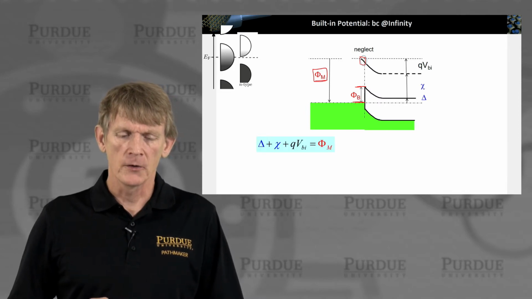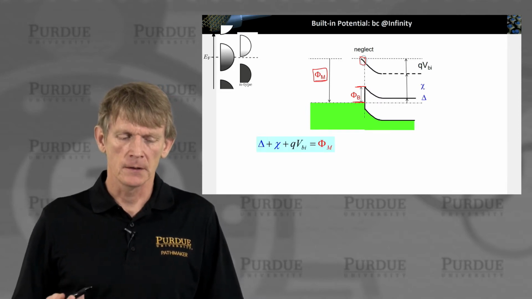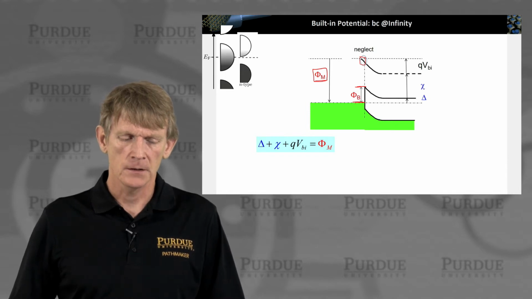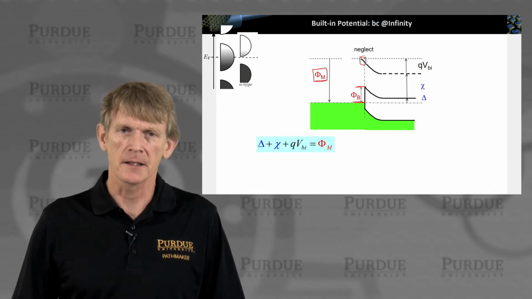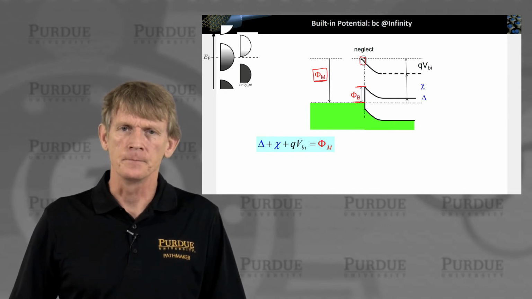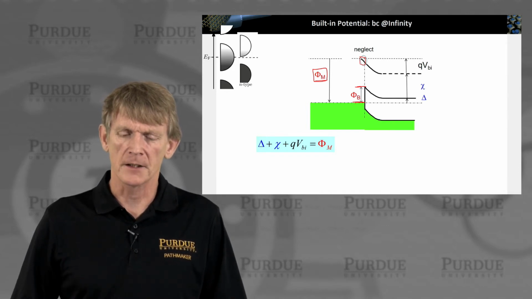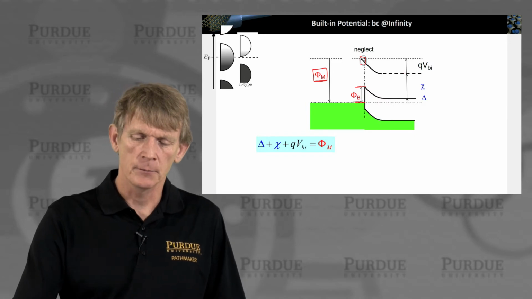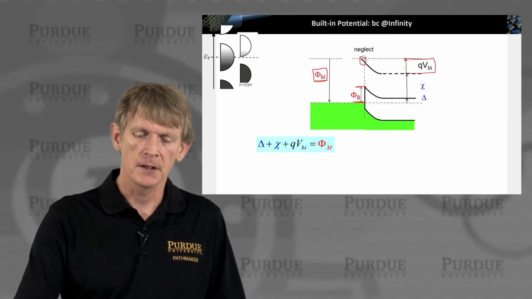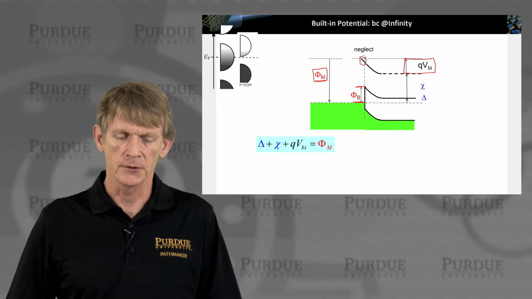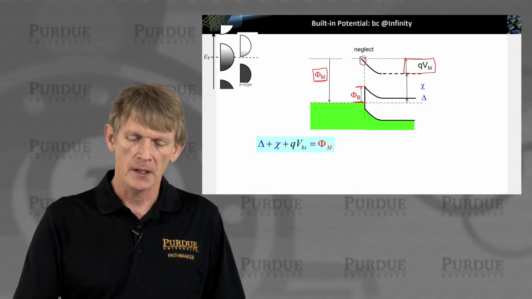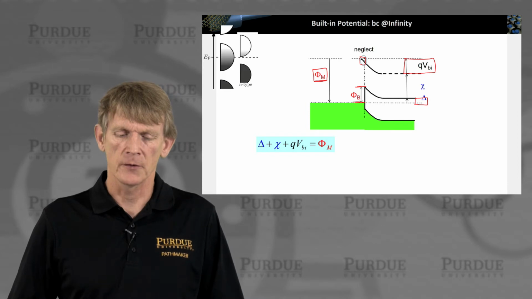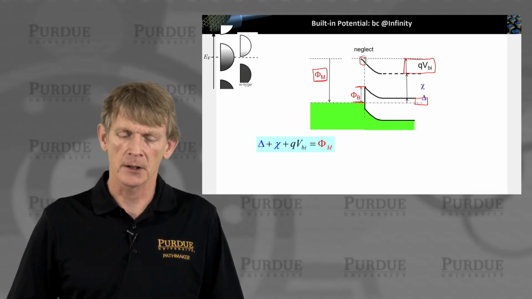Now, overall, again, we need to sum up to a constant energy, and that's referenced against the vacuum level. We have a built-in potential, and now we want to figure out what is this built-in potential, okay? So we have from the doping delta here, the energy from the Fermi level up to the conduction band in the semiconductor.